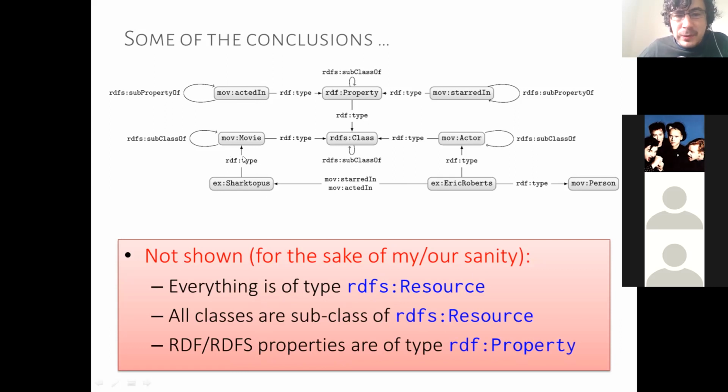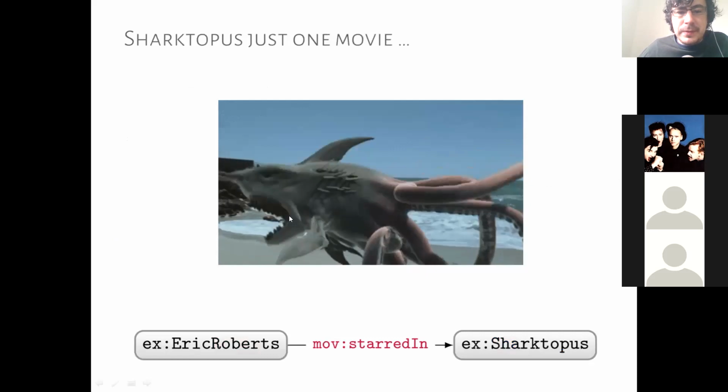So RDF type is of type RDF property, or RDFS subclass is of type RDF property. These are also properties, so they must be in the property class. So there's a bunch of more syntactic stuff that we can entail. The more interesting part is down here, the stuff that really speaks about Eric Roberts and Sharktopus. So these are some of the conclusions that we can derive from the schema and the triple we saw.